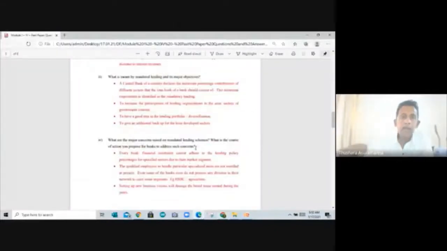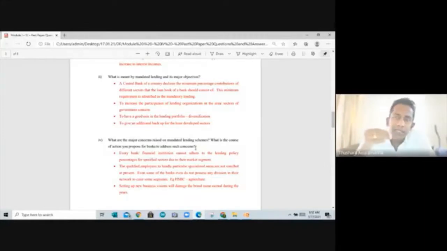We just read through. The Central Bank of a country declares a minimum percentage contribution of different sectors that the loan book for a bank should consist of. This minimum requirement is identified as mandatory lending. That's what they agree. It is to increase the participation of lending organizations in the sectors the government consents to.